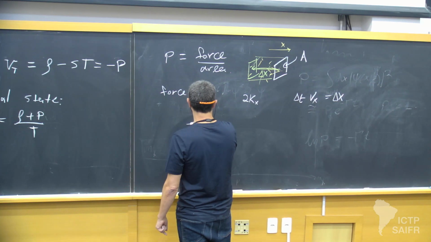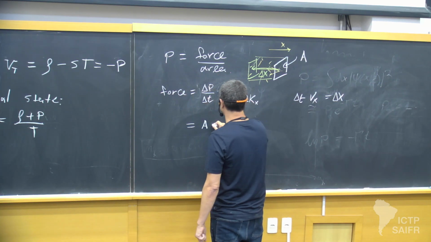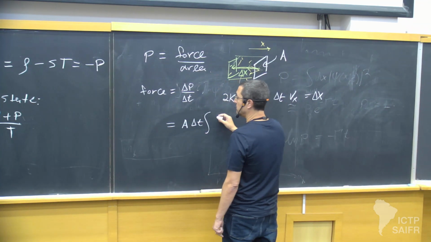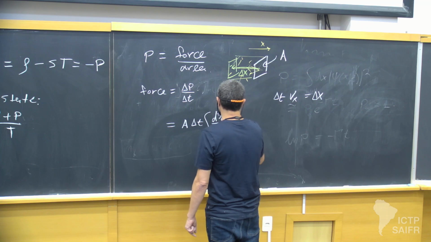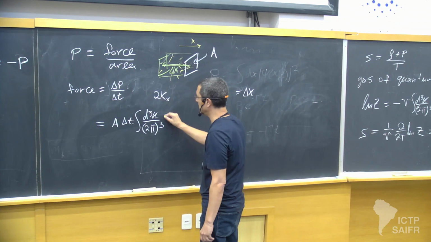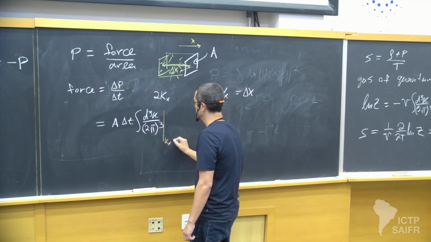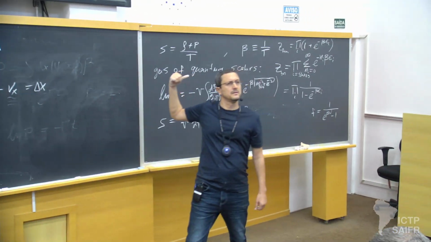So the total momentum is the sum on all of these particles. The total force that I have is the area times delta t times an integral over all the velocities, d3k over 2 pi cubed. Let me limit my integral, because I only care about particles that have kx larger than 0. Only those flying to the right are those I care about.